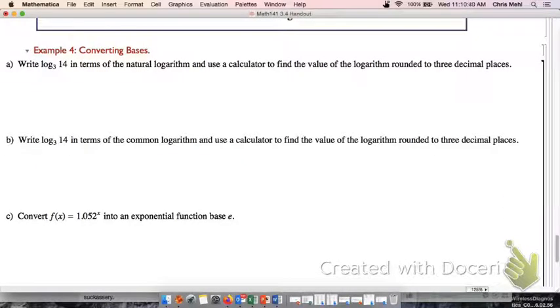So converting bases. So part A, it says write log base 3 of 14 in terms of the natural logarithm. This would be natural log of the input over natural log of the base. And it says use your calculator and find the value of the logarithm and round to 3 decimal places.